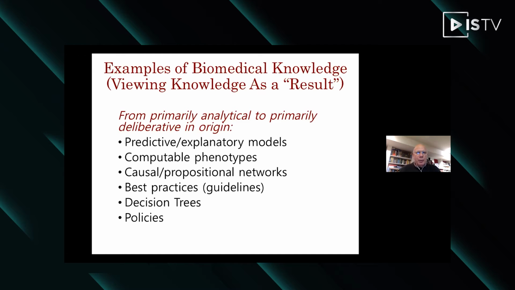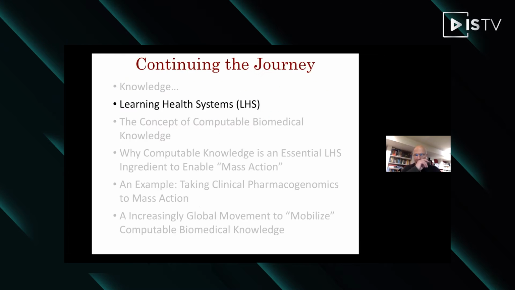They originate from discussions and deliberations. So examples are predictive models, computable phenotypes, propositional networks, best practice guidelines, decision trees, and finally policies, which are the best example of knowledge that result from deliberative origins. So that is a brief introduction to the topic of knowledge.